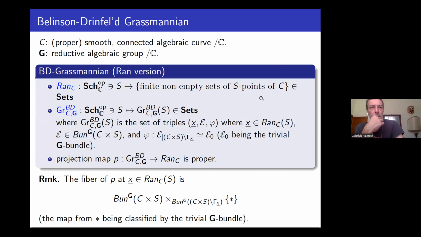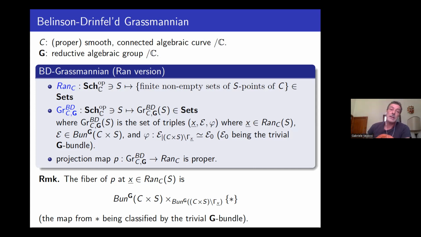Fix, let's say, a projective smooth algebraic curve C over ℂ, and G a reductive algebraic group over ℂ. Then they first introduced the Ran space, which is this presheaf on schemes over ℂ, which assigns to any scheme S over ℂ the set of finite non-empty sets of points in C, as points in C. This is just a presheaf. I mean, for example, it's not even an étale sheaf, so it's important to keep it as a presheaf.